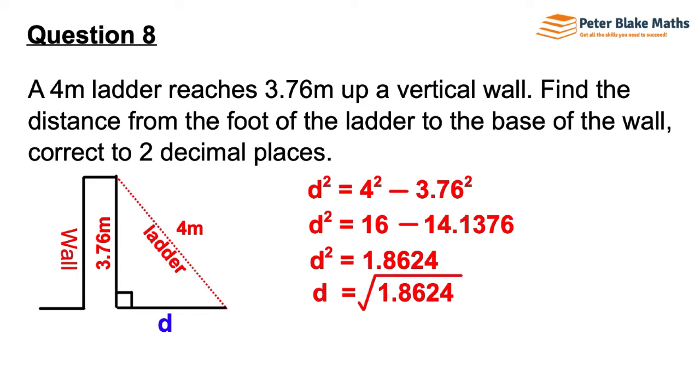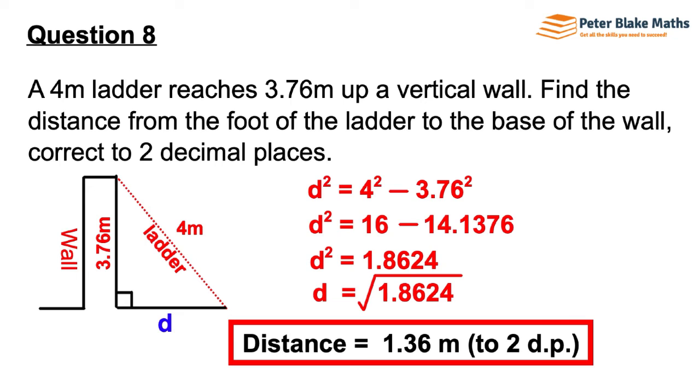And the right hand side will end up being square root of 1.8624. Final answer, the distance between the wall and the base of the ladder there, 1.36 meters if we round it off to 2 decimal places. Now units wise we're always in meters, and we're finding a distance, so no need to change from units of meters there.